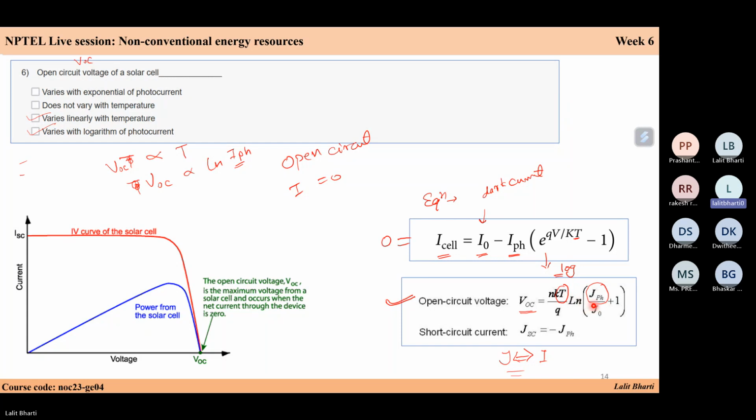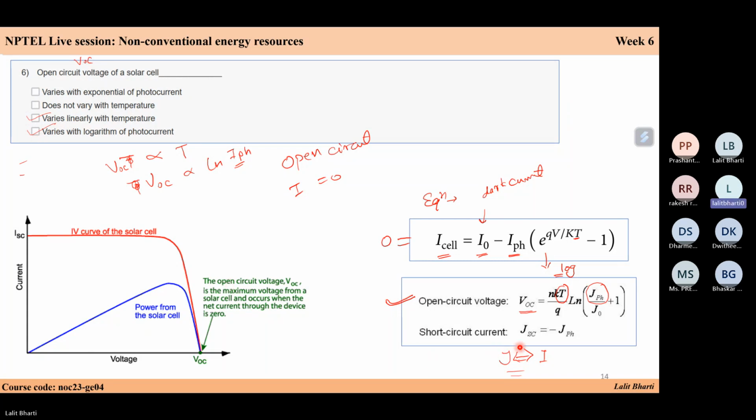It means your IPH is not directly related, but the logarithm of IPH is directly proportional to VOC. So these two statements are correct, and A and B are not correct because it is not exponentially related to the photocurrent, and option 2 says it is not varying with temperature, but it is varying. So that is why the third and fourth are correct.